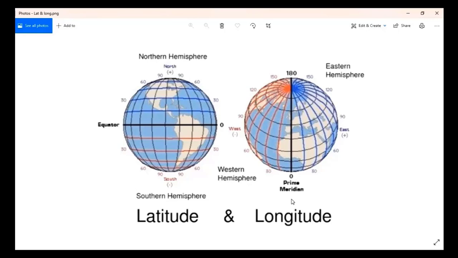These two geographic coordinates also have a classification: the latitudes are known as the heat zones, and the longitudes are known as the time zones.